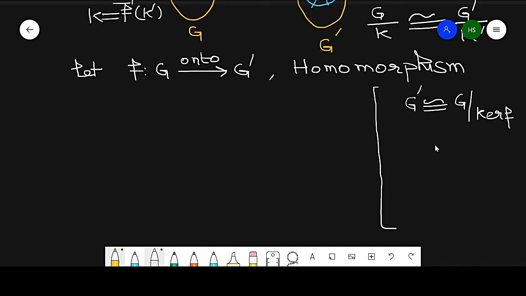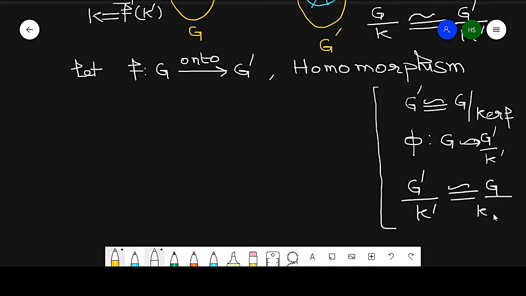Now here I have the set G dash by K dash. So if I take the mapping phi from G to G dash by K dash, and if I prove this is a homomorphism and onto, then it implies G dash by K dash is isomorphic to G by the kernel of phi.